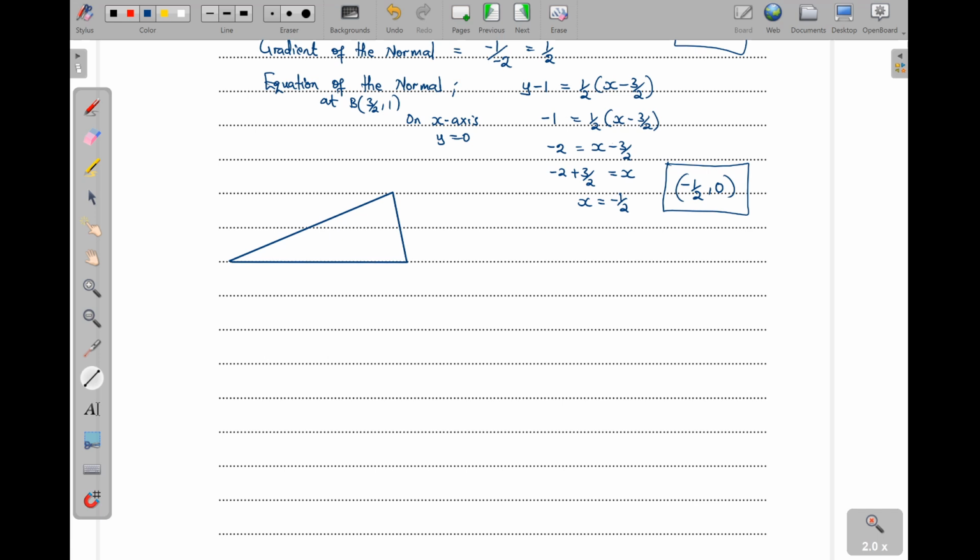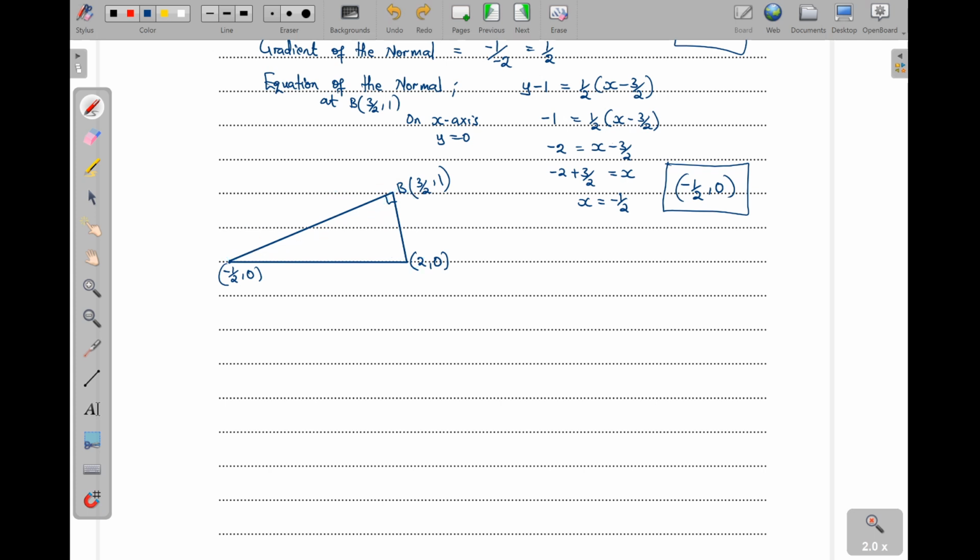This is on the x-axis. So we have this one 90, B is 3/2 or 0 here. No, it is actually 1. Then this coordinate here is (2, 0). Then this point here is (negative a half, 0). So we need to get those lengths, right?